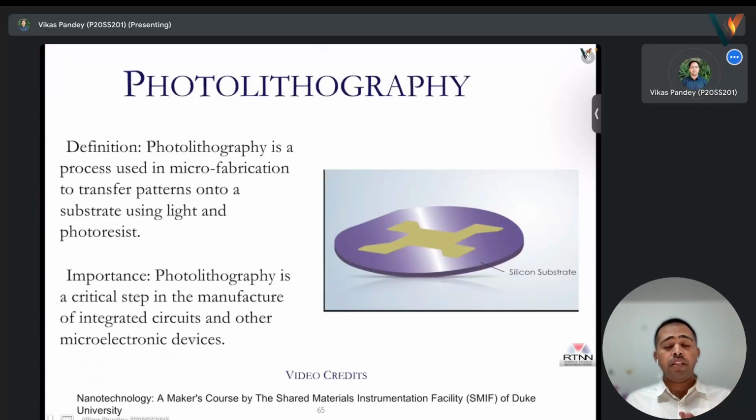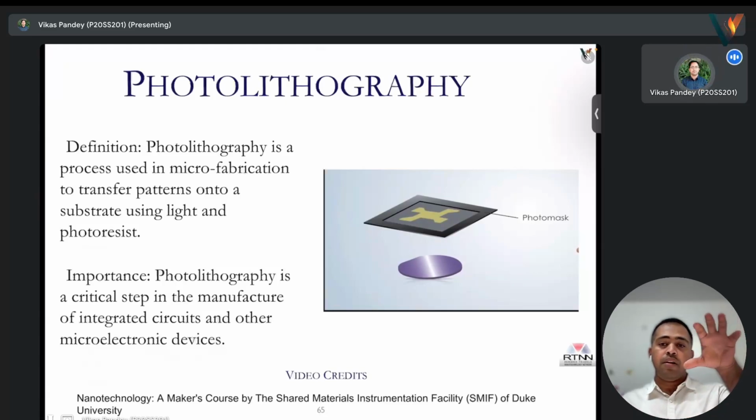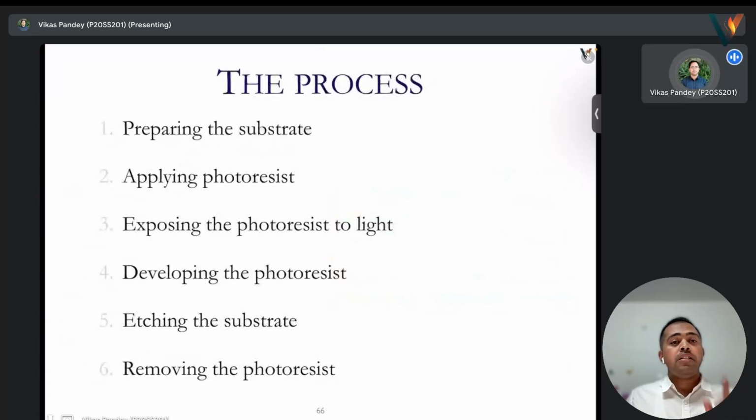So here a light source is used to pattern. A photomask is used to create the pattern over this wafer. And how is it done? First part is preparing the substrate, that is cleaning the substrate. We have to do the deposition, if we are depositing with PVD or CVD. Then we apply the photoresist. Photoresist is the most critical thing here.